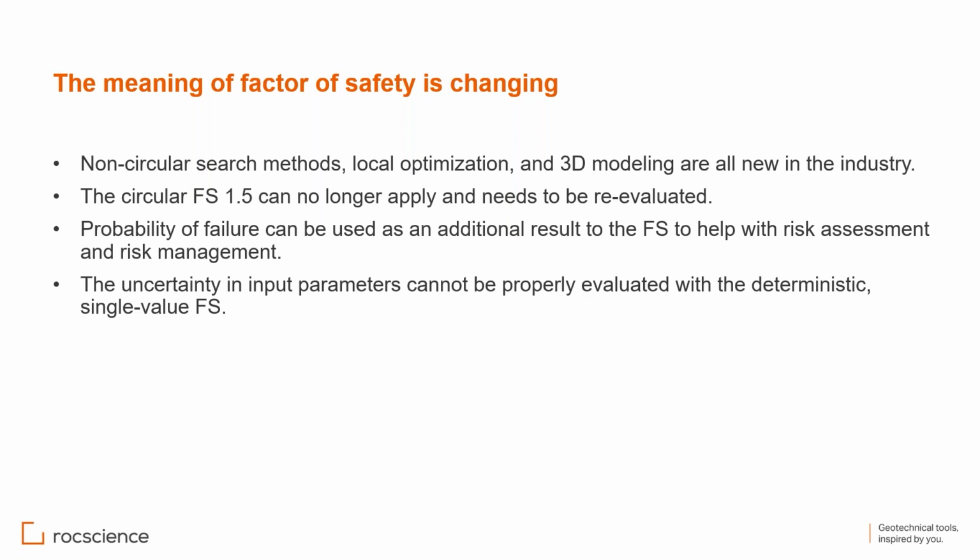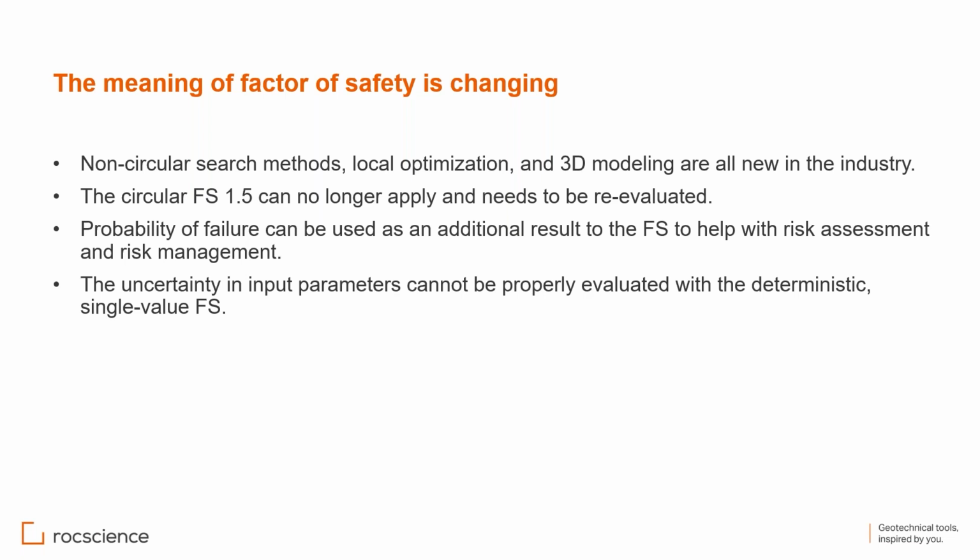So one of the things that can be done in addition to the factor of safety analysis is defining the probability of failure in models, which is going to help us in the risk assessment and risk management analysis. So in addition to the factor of safety, we have one more parameter, which is the probability of failure.